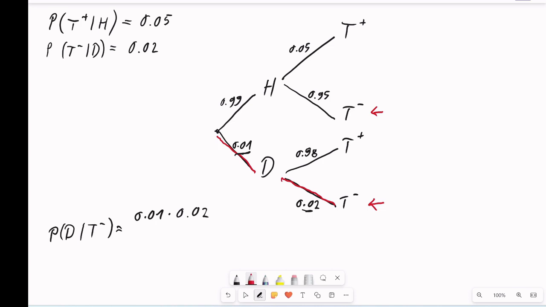In the denominator, we also include this path here. So we divide by all possibilities of having a negative test outcome. Again, let's first take the lower path, which we already have, 0.01 times 0.02, plus the possibility of having the negative outcome, in this case, from a healthy subject, so 0.99 times 0.95.